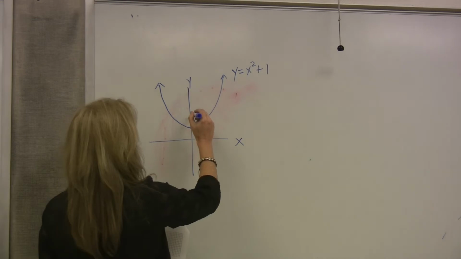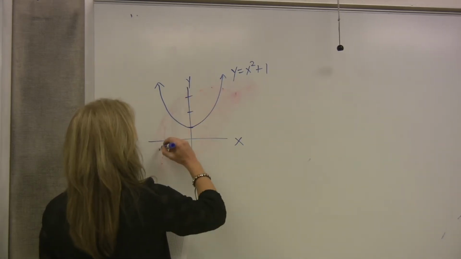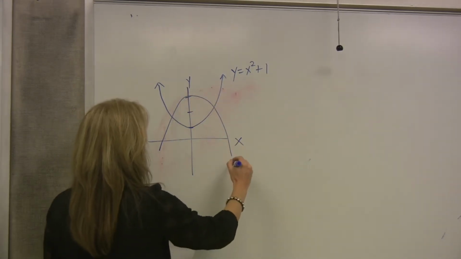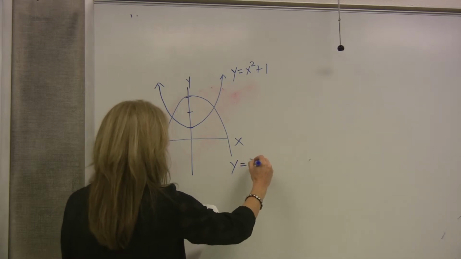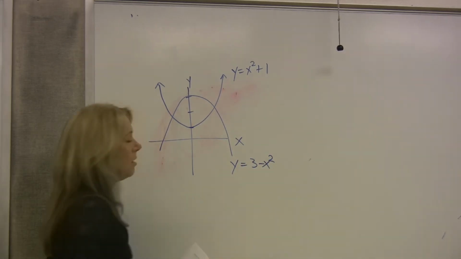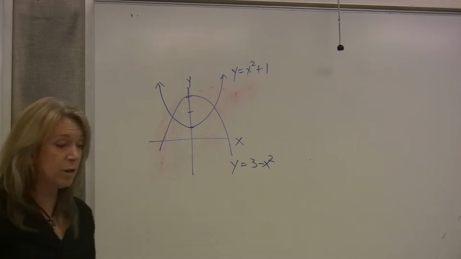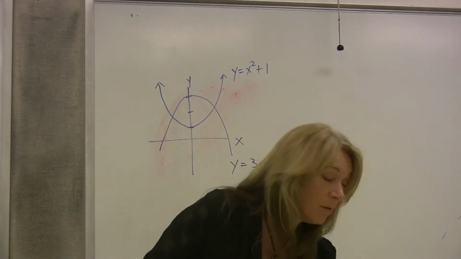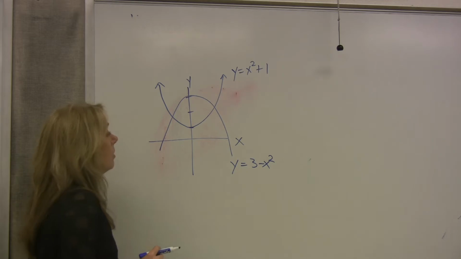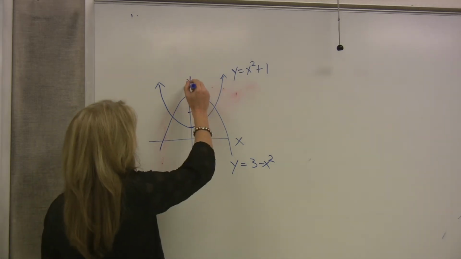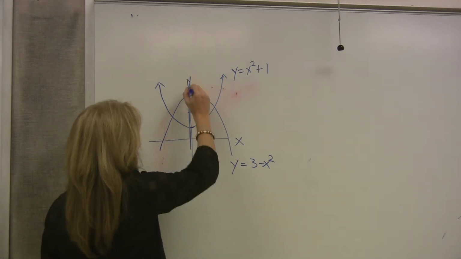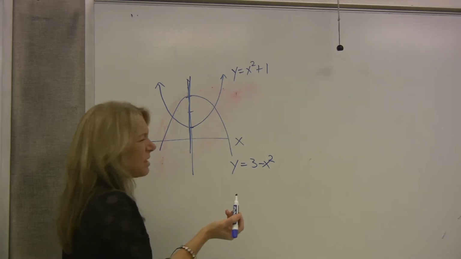It's up 3, 1, 2, 3, but it's upside down. So that's this one: y equals 3 minus x squared. And then we have these vertical lines of x equals 0 and x equals 2. x equals 0 is right here. Where's x equals 2?